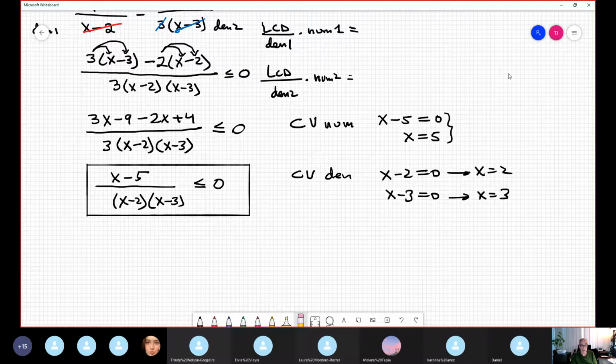Professor, well, you suppose that it's not 3, it's negative 3. Well, this is different. It's different because you can delete also, yeah. But you need to reverse the sign of the inequality. Look, this sign is now not less than or equal. It's greater than or equal when you delete negative 3.